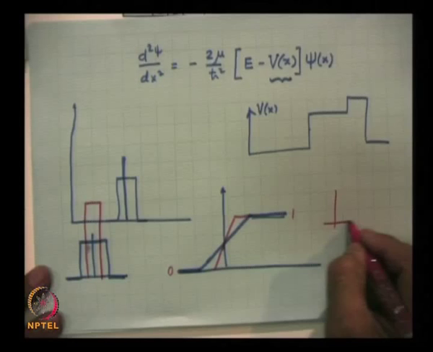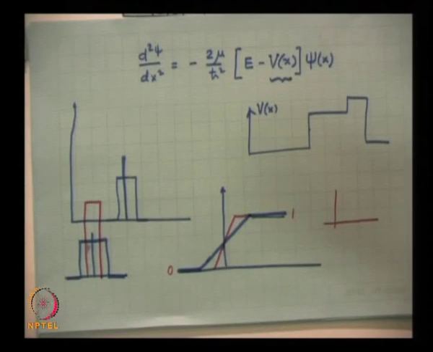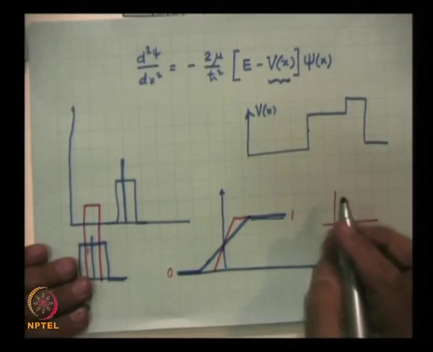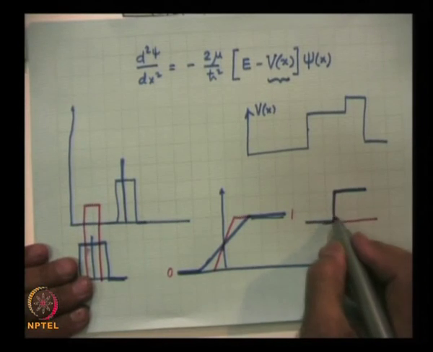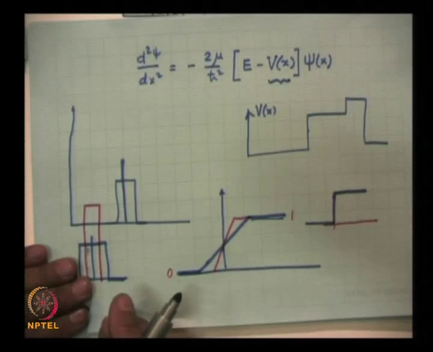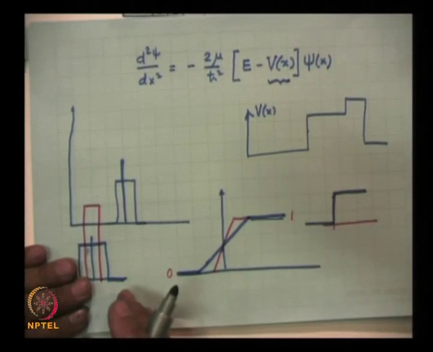So, if there is a discontinuity in the function, let us suppose I have the unit step function which looks like this, its derivative is a delta function here, its derivative is infinite here.